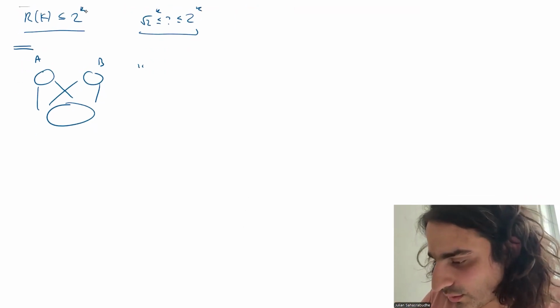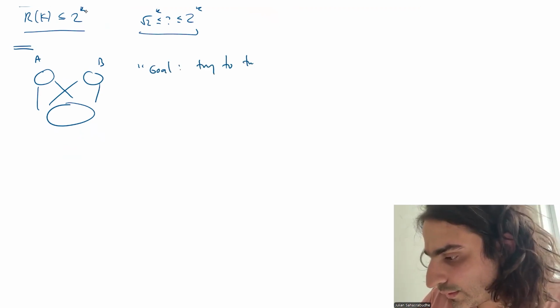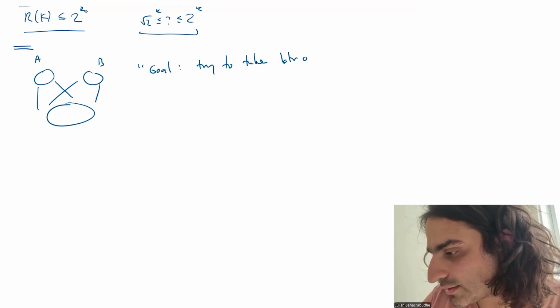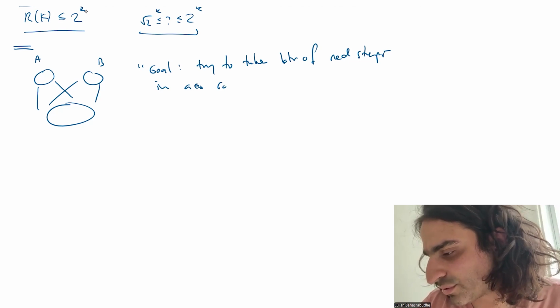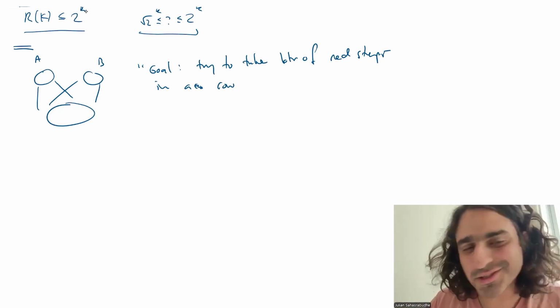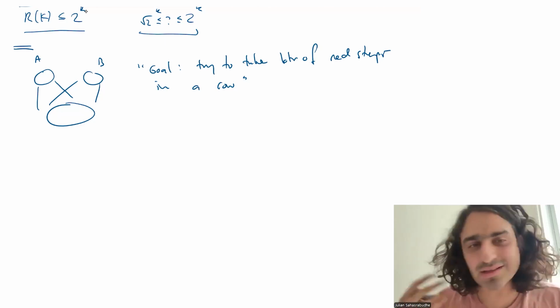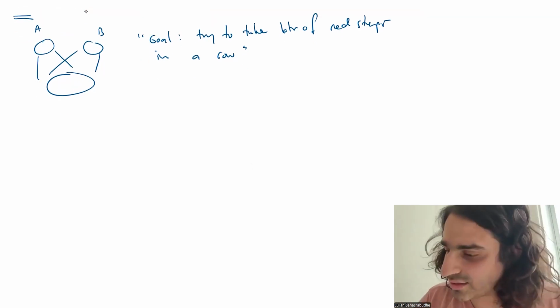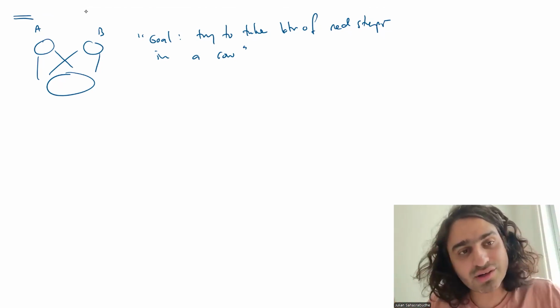Okay, so the goal is to try to take lots of red steps in a row. The picture we'll get to is a little bit more complicated, but it's good to have this in the back of your mind. So what does taking a bunch of red steps in a row actually look like? You're basically constructing the following structure.